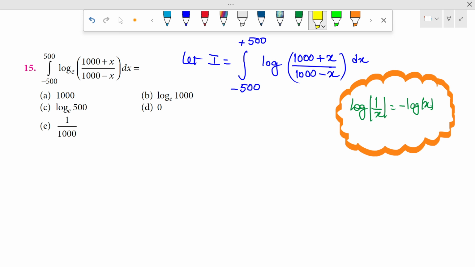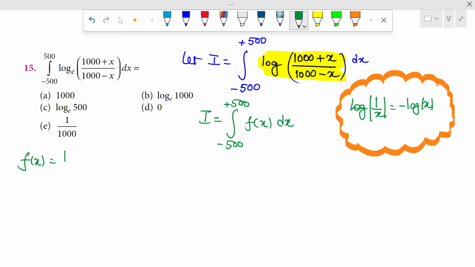Suppose I say this is my f(x), log of (1000 plus x) by (1000 minus x). So my integration will change like this, minus 500 to plus 500 of f(x) dx, where my f(x) is log((1000 plus x) by (1000 minus x)).